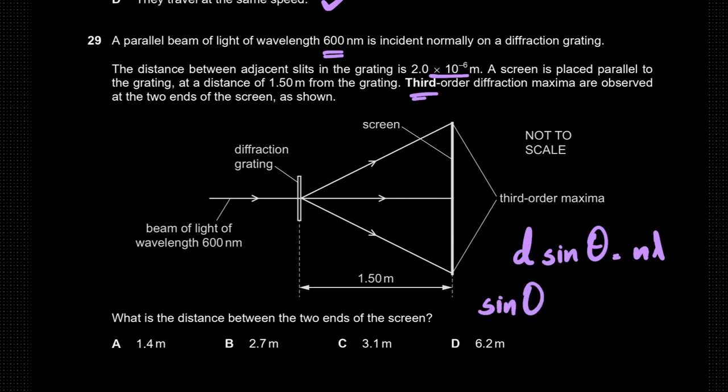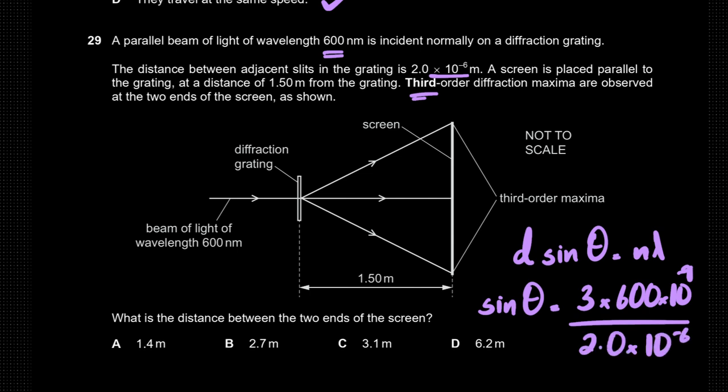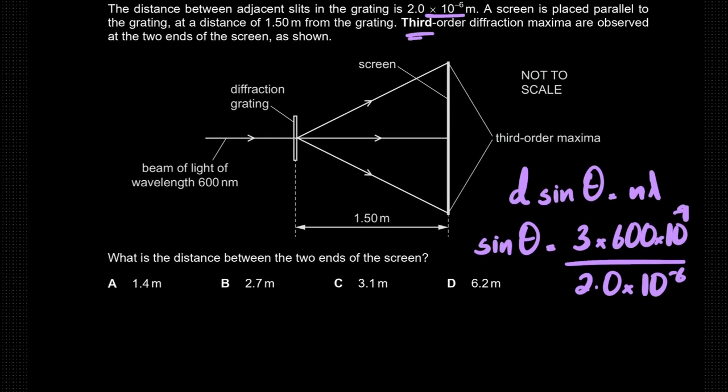Sine theta equals n lambda over d, so 3 times 600 nano over d, and d is 2.0 times 10 to the negative 6. So from this, let's first calculate theta. So theta turns out to be 64.158 degrees. Sine theta was actually exactly equal to 0.9.